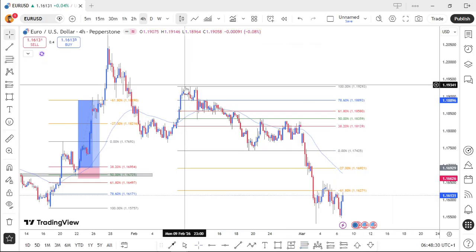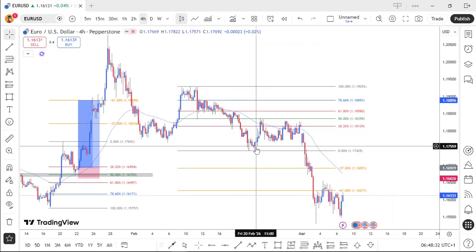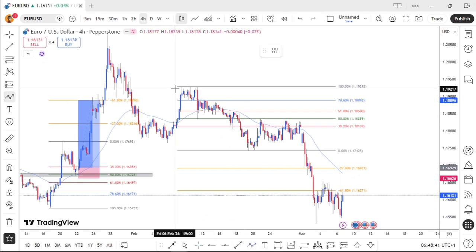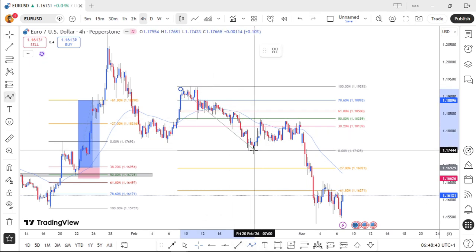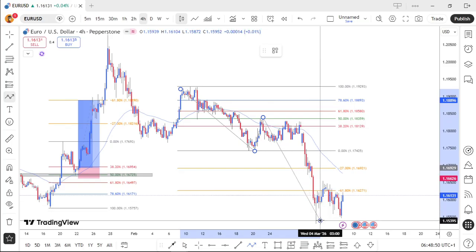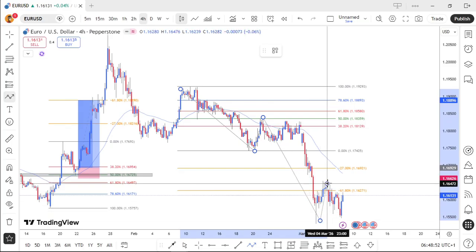You see, the market retraced. This is the original movement here, and this is the retracement. The impulse move and the retracement.